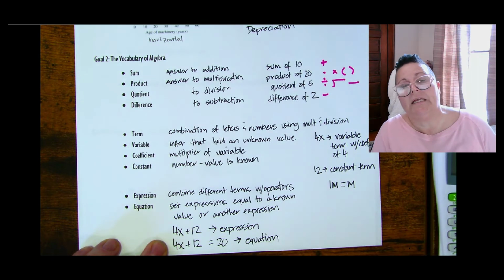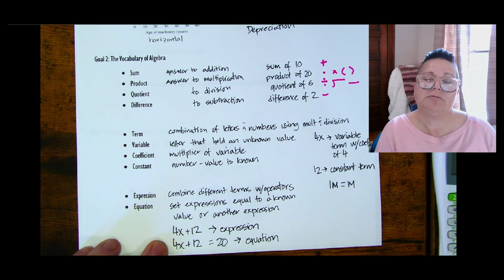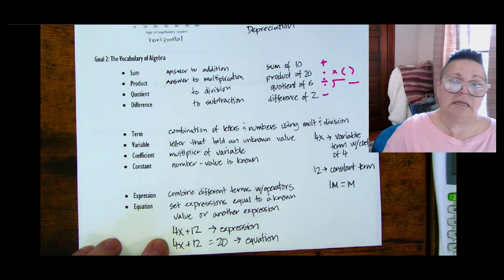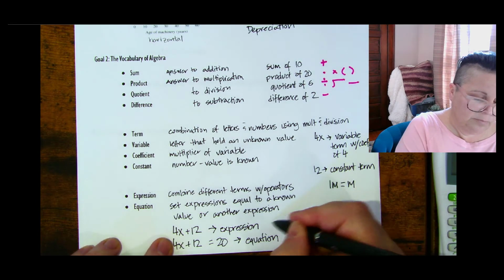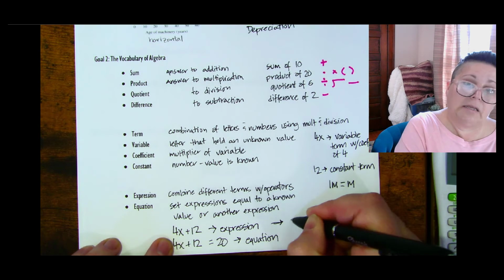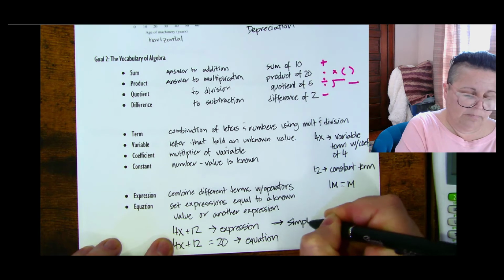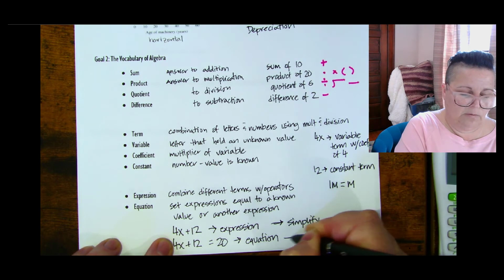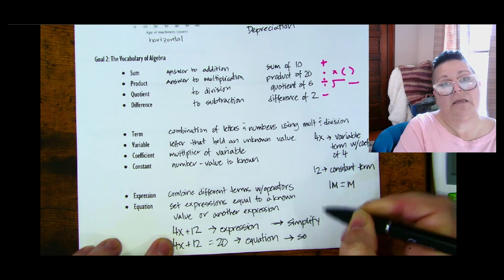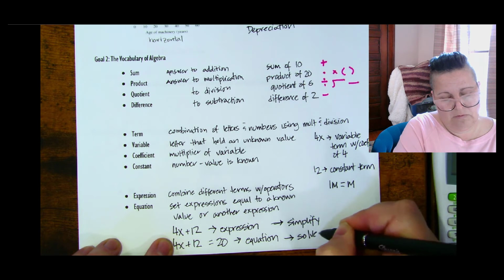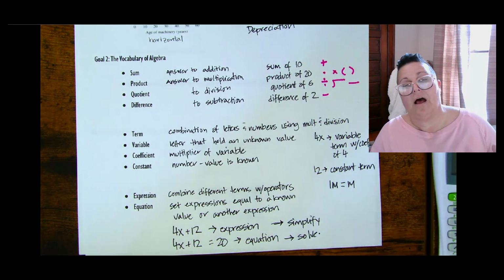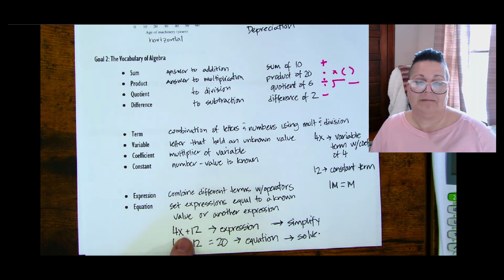Put simply, equations have equal signs. Expressions do not. It is also worth noting that expressions can only be simplified. Equations can be solved. In other words, I can't tell you what x is in the expression, because whatever x is will give me a different value.